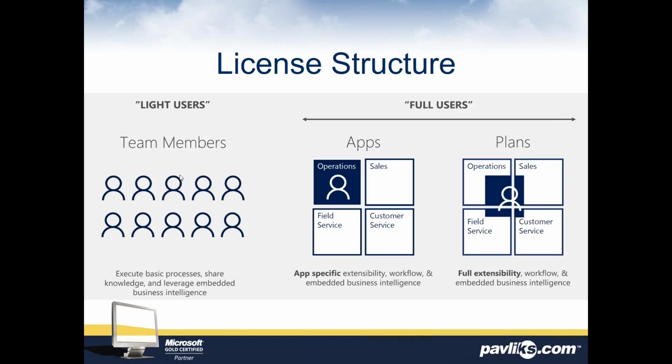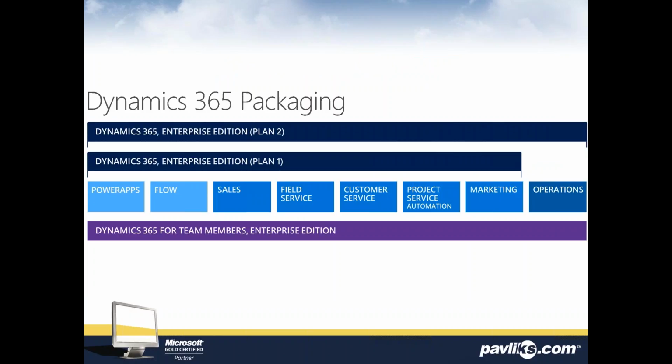Then the team member concept is where we have somebody who can execute a basic process. They can read the data and get the intelligence from information across the entire 365 platform, but in a limited capacity for modifying the data. So these are apps, these are plans, and the team member SKU allows you to read data across the entire component.